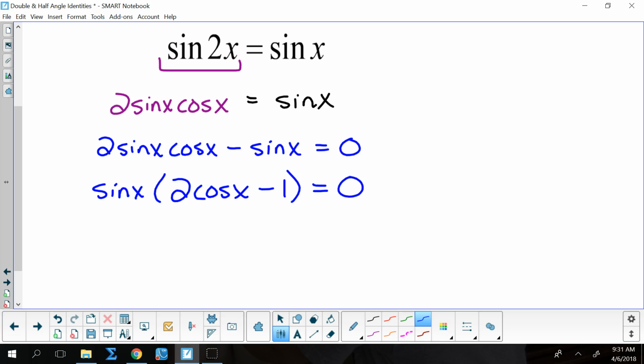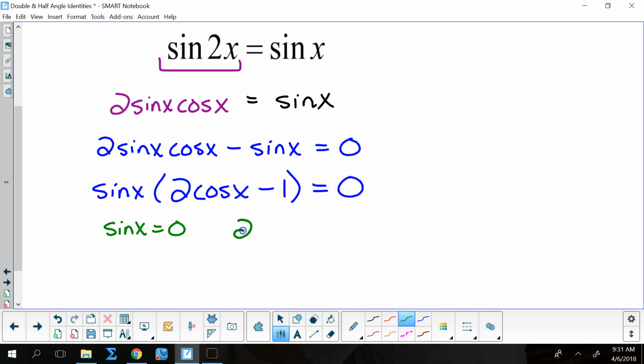And once I'm done factoring and I can't factor any more, then I am going to set my mini equations. So here I would say the sine of x is equal to 0. That's the zero product property.